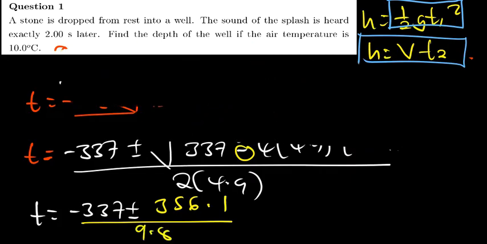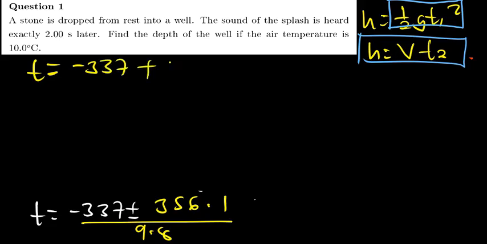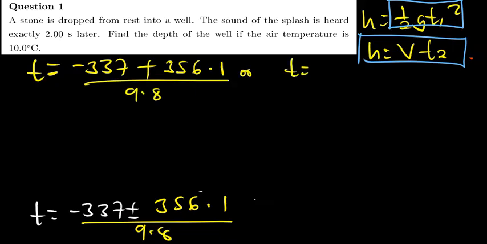Now I'll create space here on top. So I'll have T will be equal to negative 337 plus 356.1, divide this by 9.8, or another value for T will be negative 337 minus 356.1 divided by 9.8.